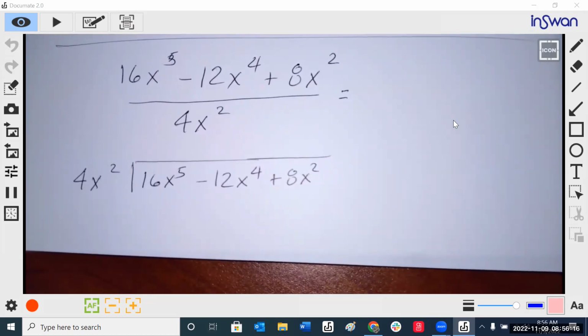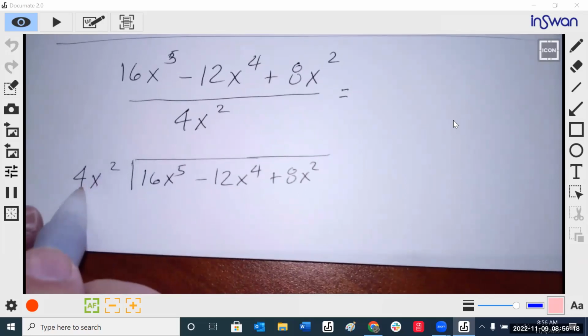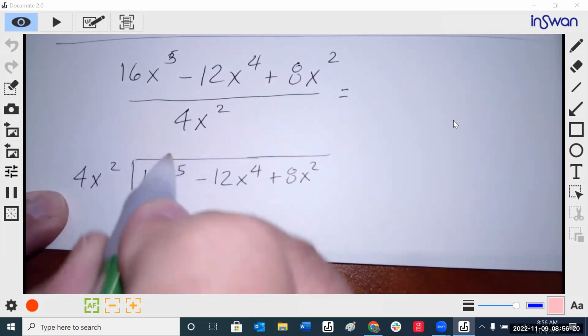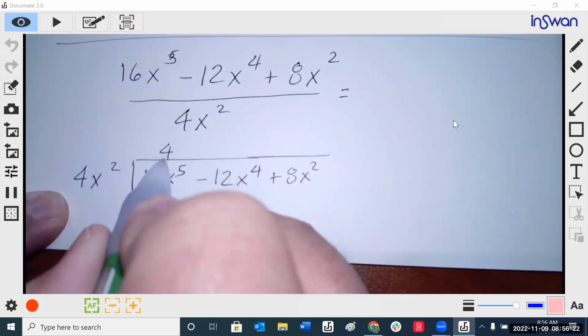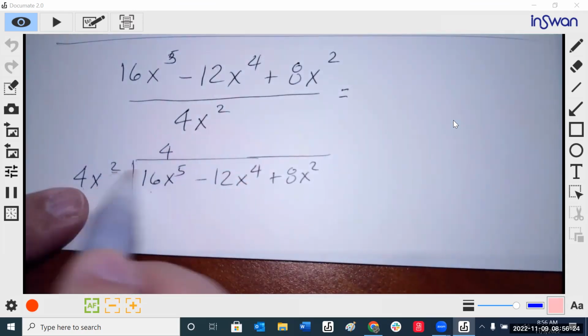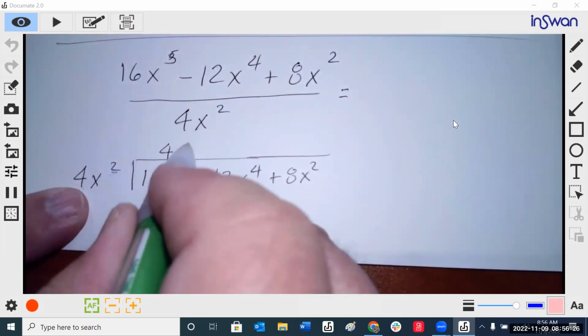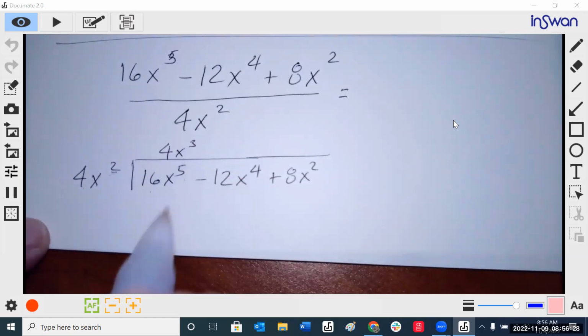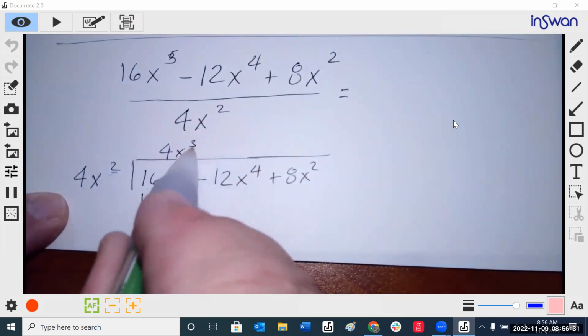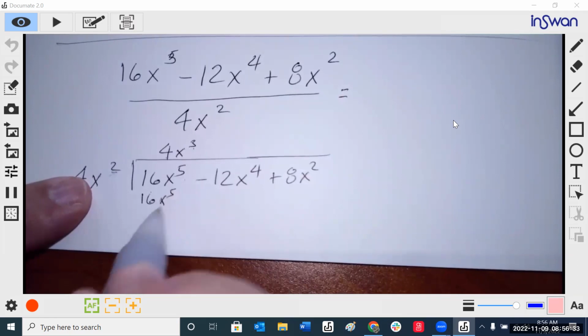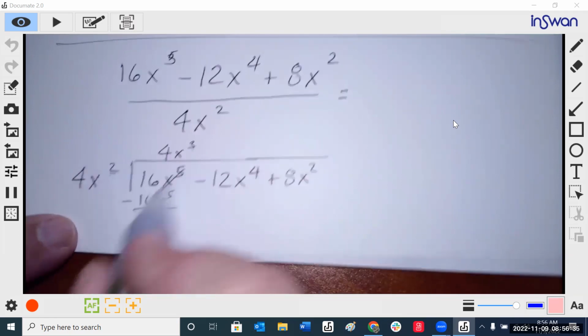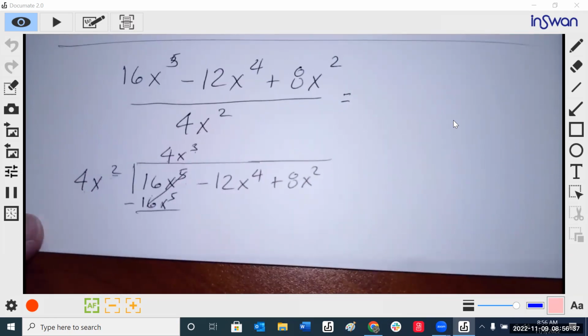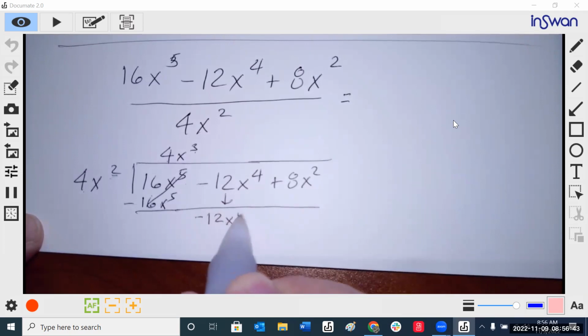Let's see how this one works. What times 4 gives me 16? 4. And we need 3 more x's. 4 times 4 is 16. 3 plus 2 is 5. Change signs and add. So far, so good. Negative 12x to the 4 plus 8x squared.